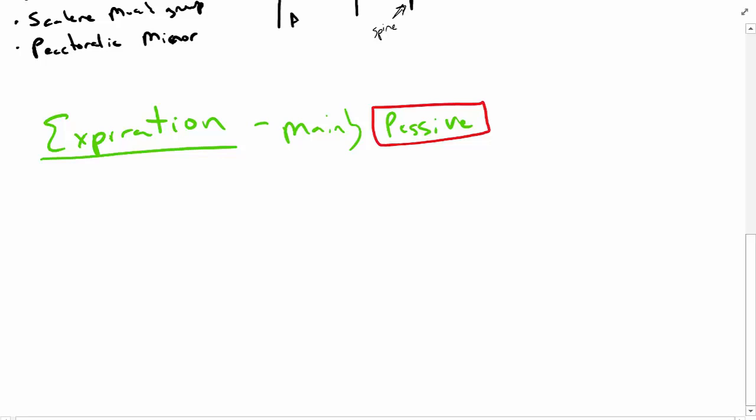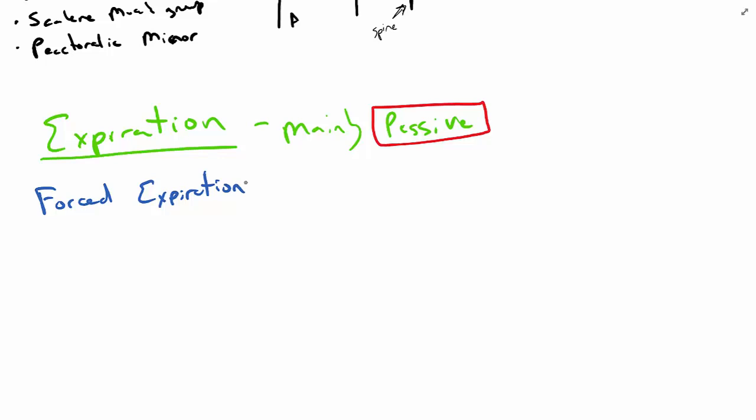However, there is something called a forced expiration that can occur. This is when you are forcing air out in an active manner. This could be when you're breathing hard and you want to exchange large volumes of air quickly with the atmosphere. An example is blowing up a balloon.